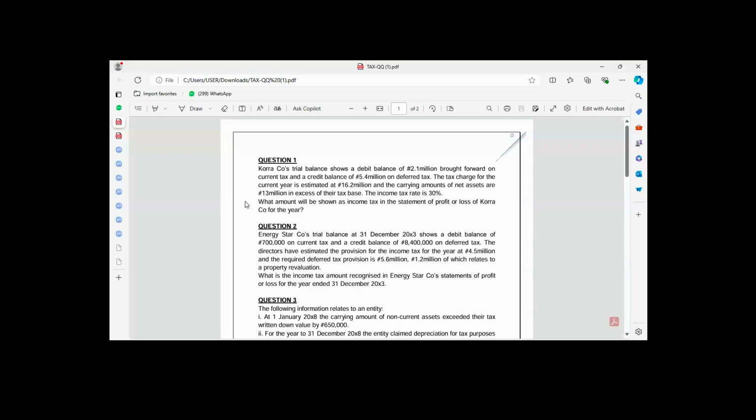I want to ask, based on what we have done so far, question one, let's go to the requirements. What will be shown as income tax in the statement of profit or loss? Somebody raise hands. Please write it.